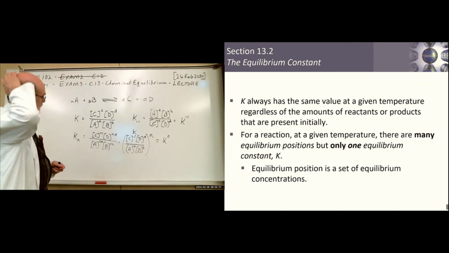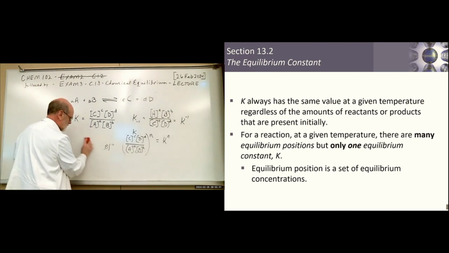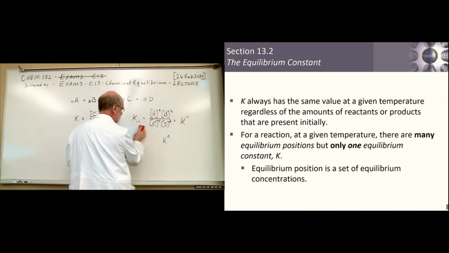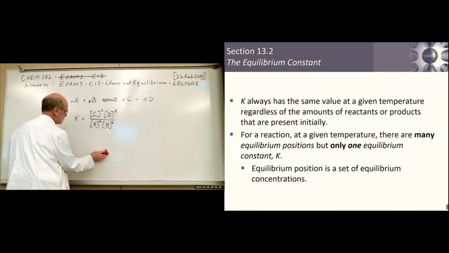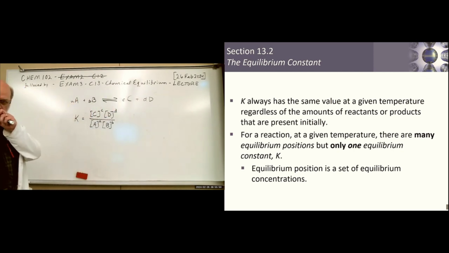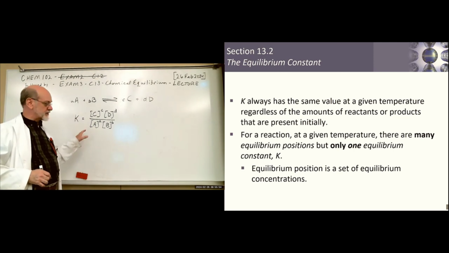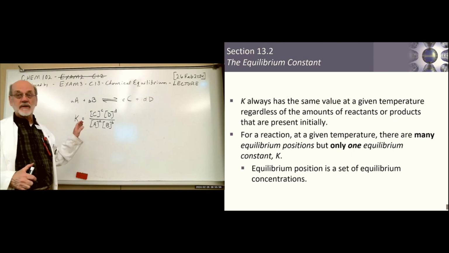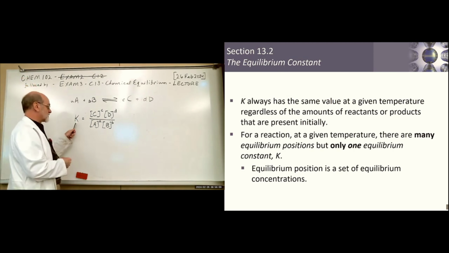Now, let's see. Let me go back to our original discussion here. Get rid of these. There's a difference between the equilibrium constant and the equilibrium position of a reaction. The equilibrium constant is just that.